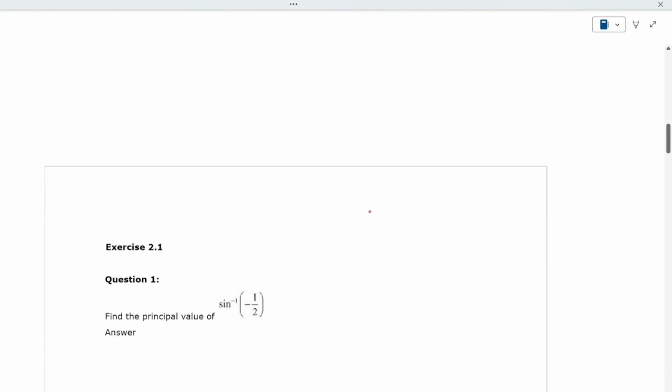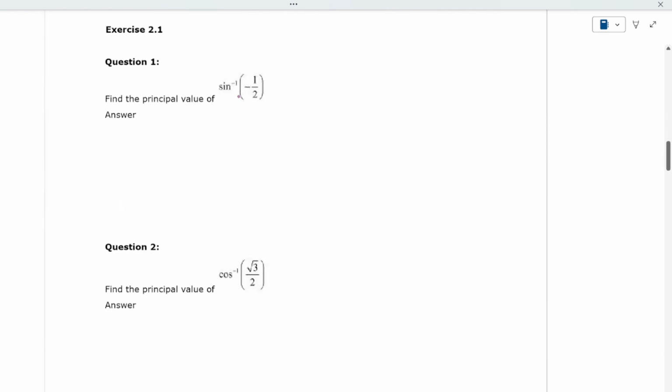First question, if we come and see, it is sine inverse of minus 1 by 2. The same way we will consider it as some variable y.